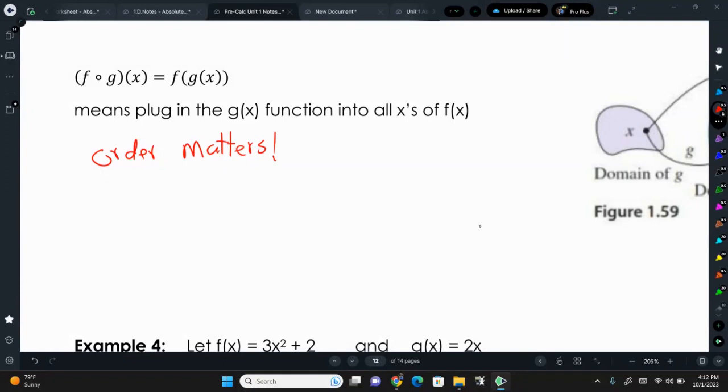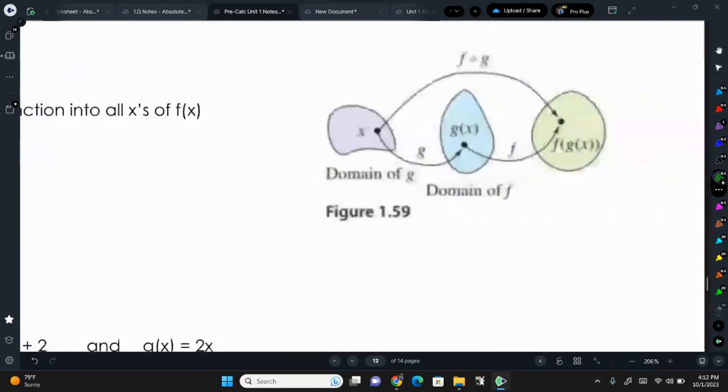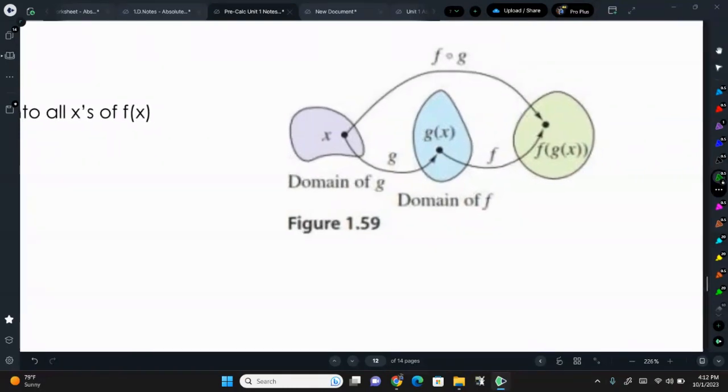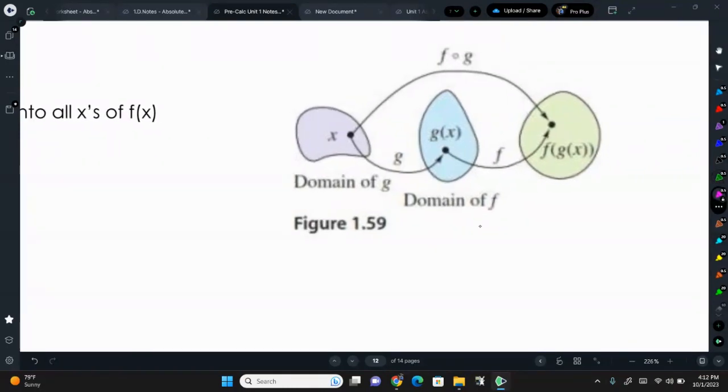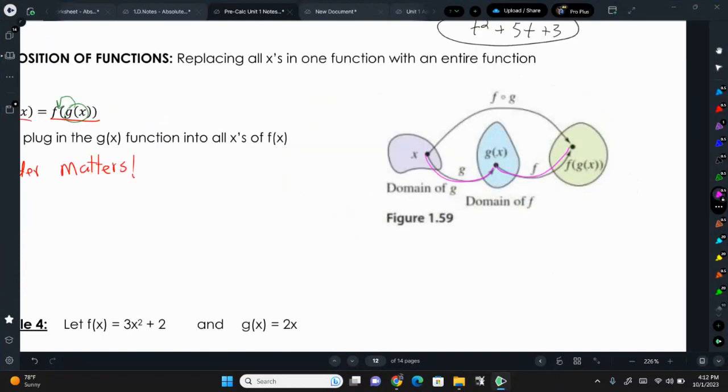It can be written as f of g of x like this, or f of g of x like that. And that means you're taking the whole g function and replacing the x's in the f function with the whole g function. In a picture, it looks like this, where we plug x into the g function and then take that result and plug that into the f function to get f of g of x.